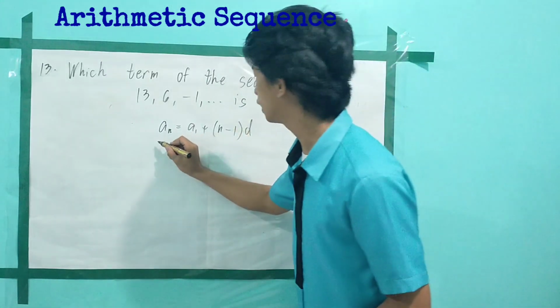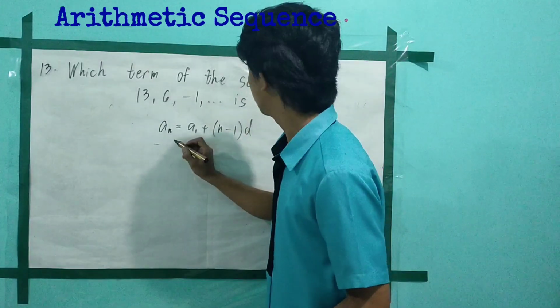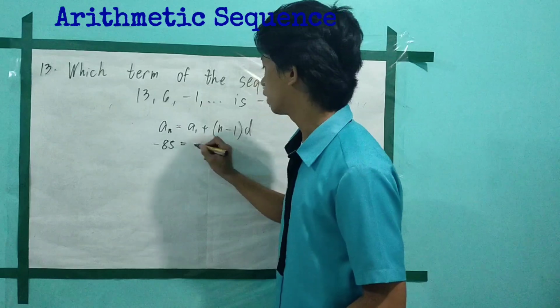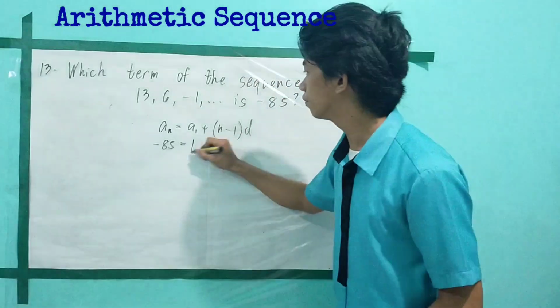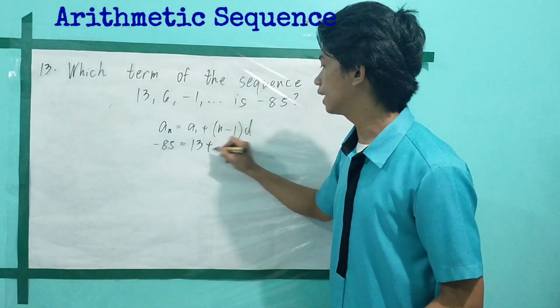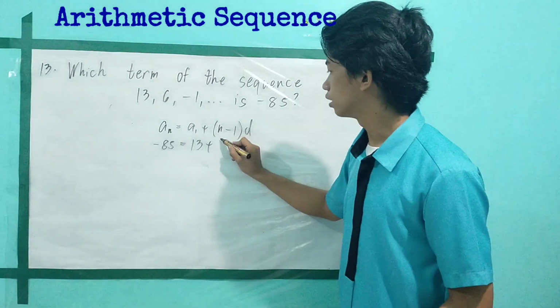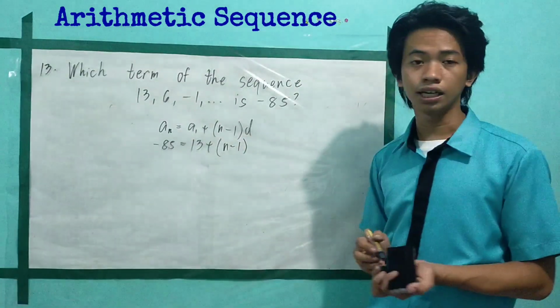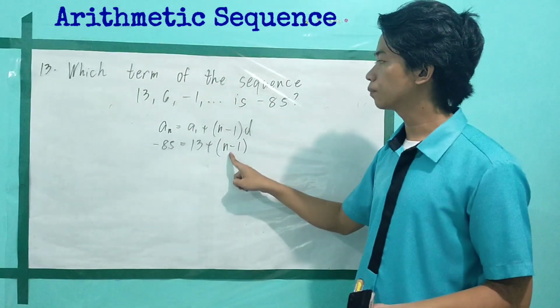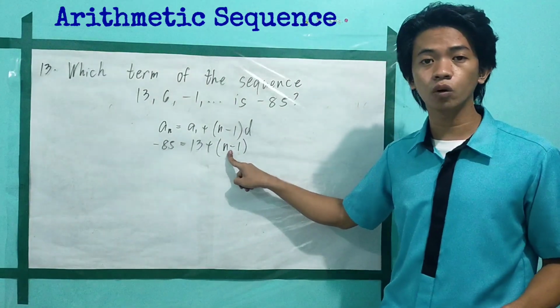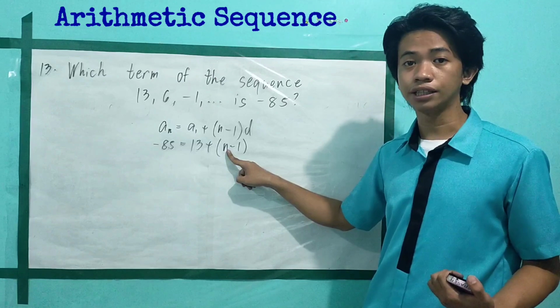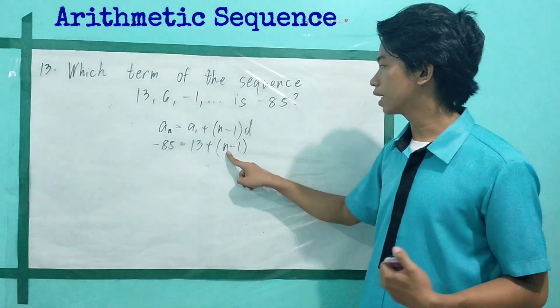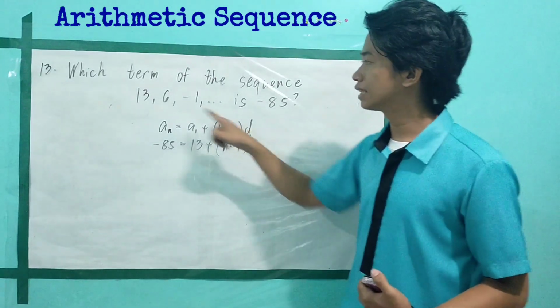Ang ating a sub n is equal to negative 85. Equals, ang a sub 1 natin, we have 13 plus n less 1 multiplied to the common difference. And less 1 pa rin siya kasi hindi naman natin alam kung ilang terms meron. Yan ang hinahanap natin. So, ano ang common difference natin?